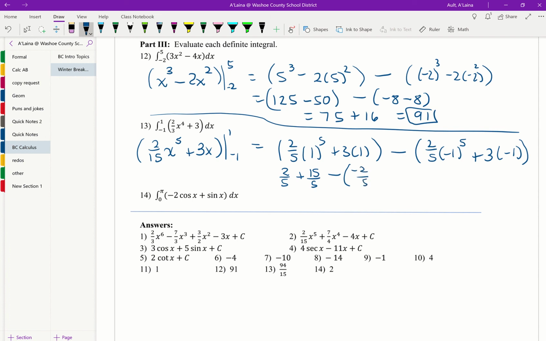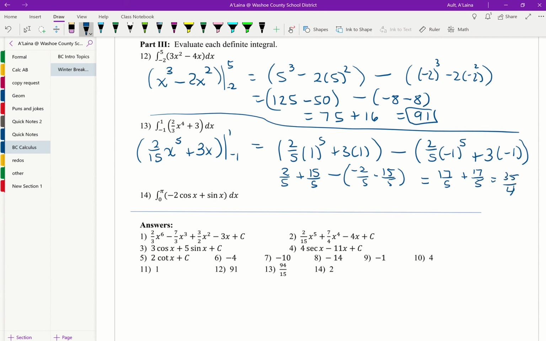There is a sign change. Minus 3, which is minus 15/5. So I'll end up with 17/5. And then plus another 17/5, which is 34/5, which is not what I got earlier.